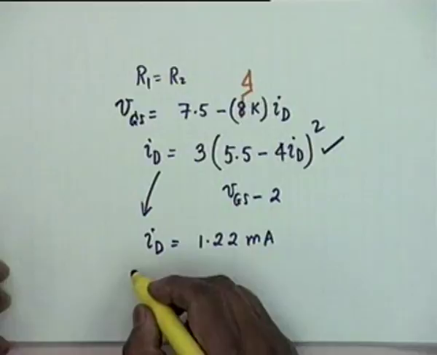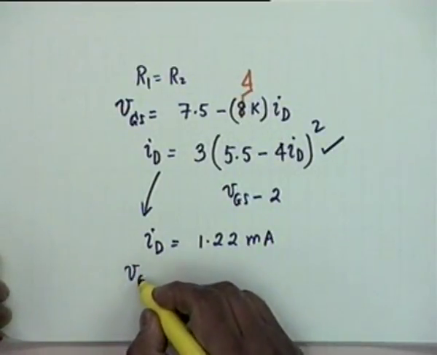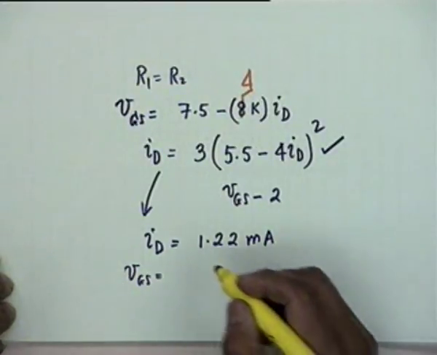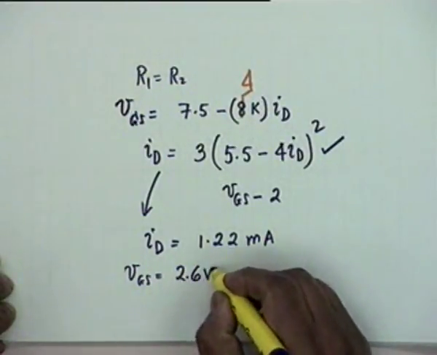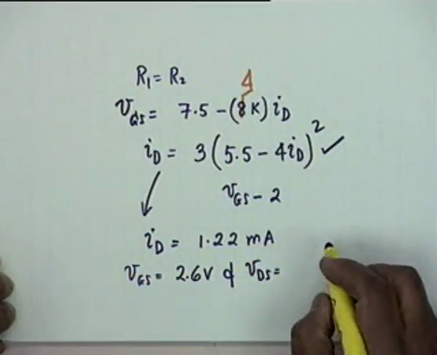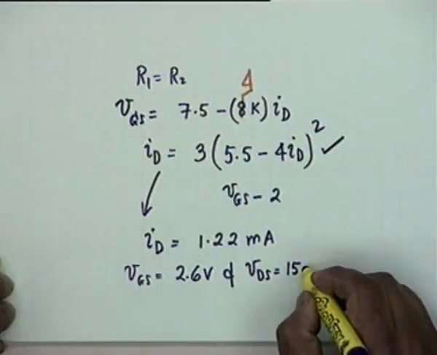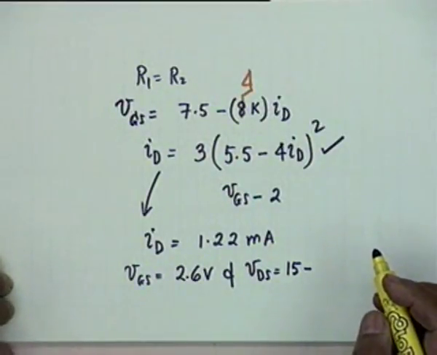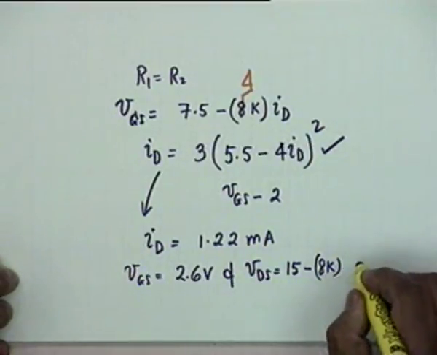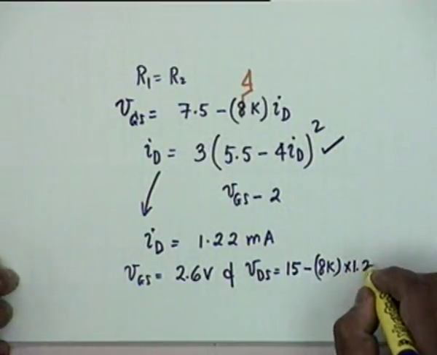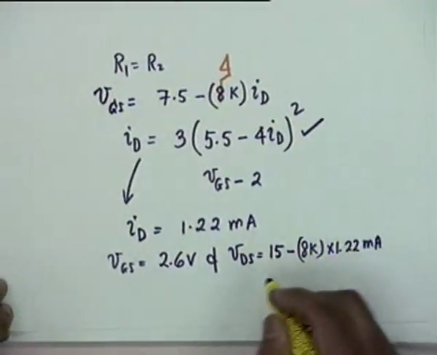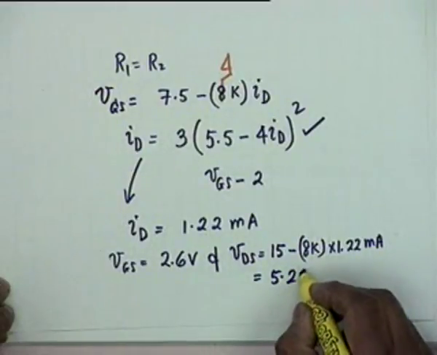And if ID is this, then obviously VGS is equal to, substitute this ID here, find out VGS, this comes as 2.6 volt, and VDS, which is now 15 minus 8k multiplied by 1.22 milliamps, and this comes out as 5.24 volt.